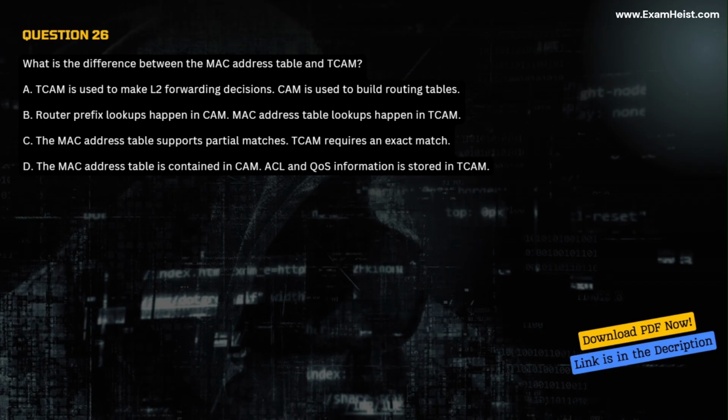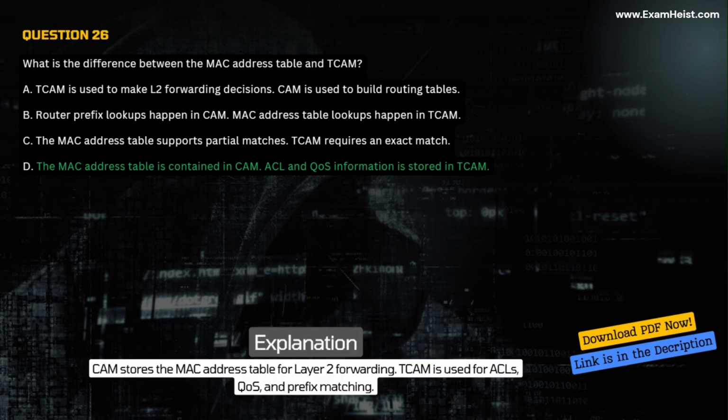D. The MAC address table is contained in CAM. ACL and QoS information is stored in TCAM. Correct answer D. The MAC address table is contained in CAM. ACL and QoS information is stored in TCAM. Explanation. CAM stores the MAC address table for Layer 2 forwarding. TCAM is used for ACLs, QoS, and prefix matching.